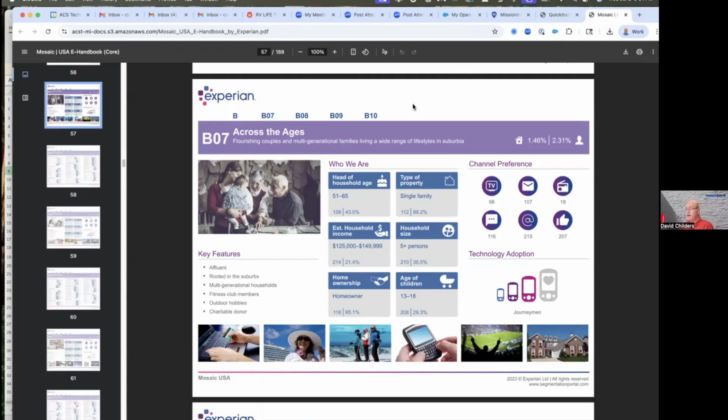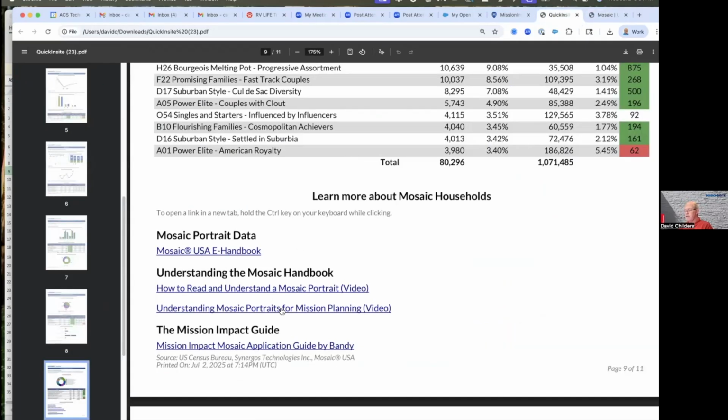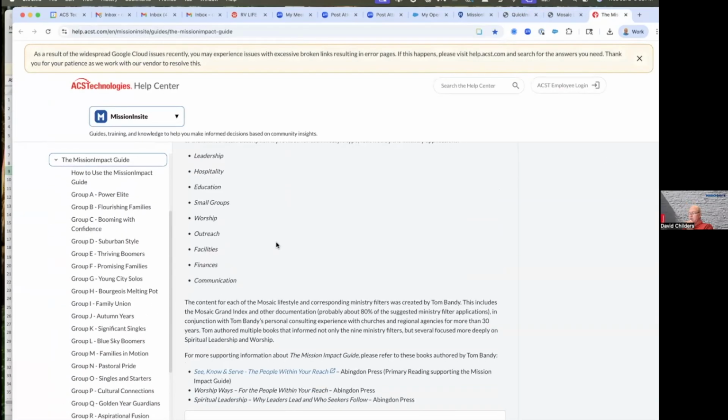And Tom Bandy, he spent a lot of time building this out. In fact, there are books. I don't think I pointed it out to you, but I should have. If I go back and open that again, I'm going to let you see it. By the way, here are two videos: how to read and understand the mosaic portrait, how to understand portraits for mission planning. Here's that Bandy guide again, and I wanted you to see who he is.